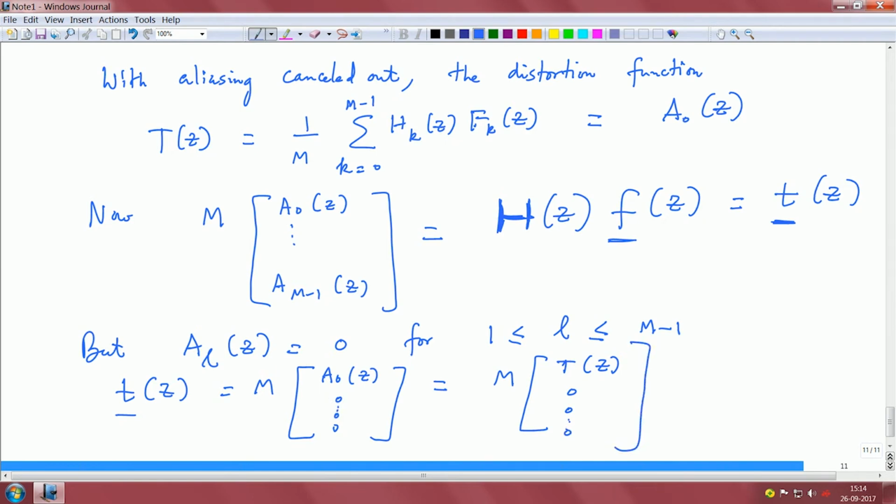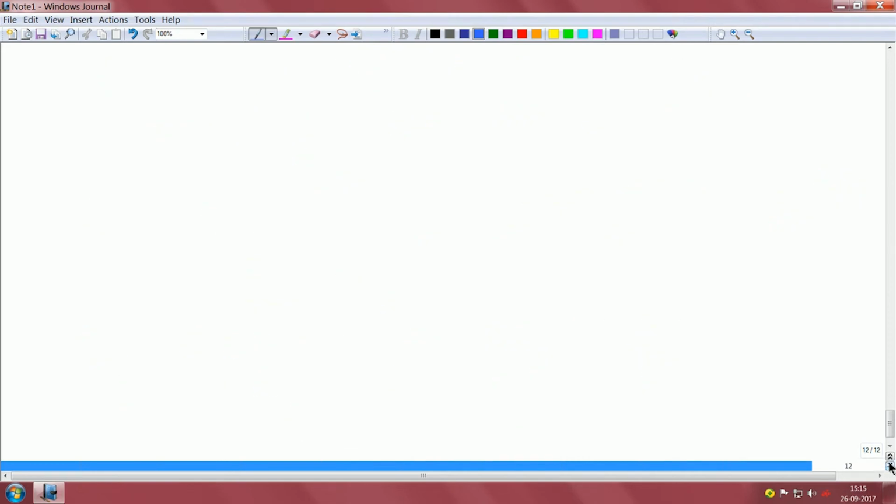Now, with this in place, we can write down the expression for X hat of z for your reconstructed signal.